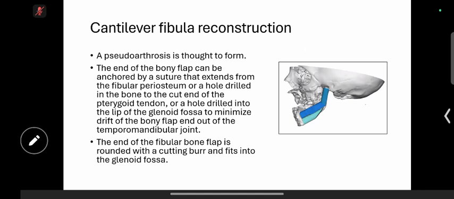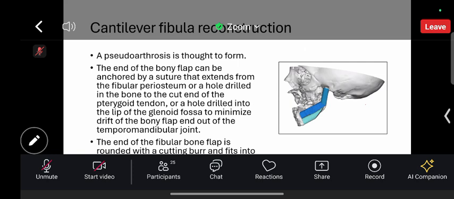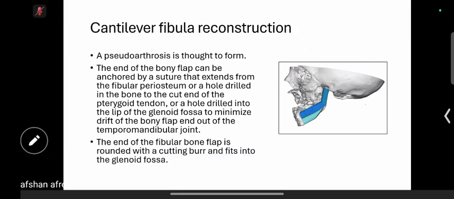So cantilever fibula reconstruction is done when we have to do the condyle in our resection. In this, what we do is create a pseudo arthrodesis. The end of the bony flap can be anchored by a suture that extends from the fibular periosteum or a hole drilled in the bone.